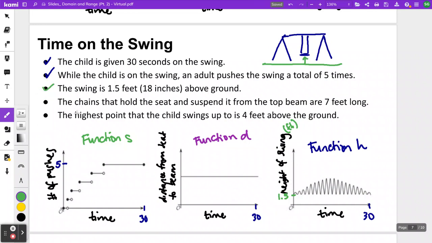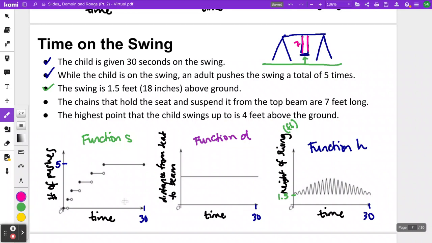The next one, we've got the chains that hold the seat and suspend it from the top beam are 7 feet long. I'm glad my picture's still there because I'm going to use that again. It's talking about the chains that hold the seat. So that's these right here that I'm putting in pink. And those chains are 7 feet long. What does that help me know?